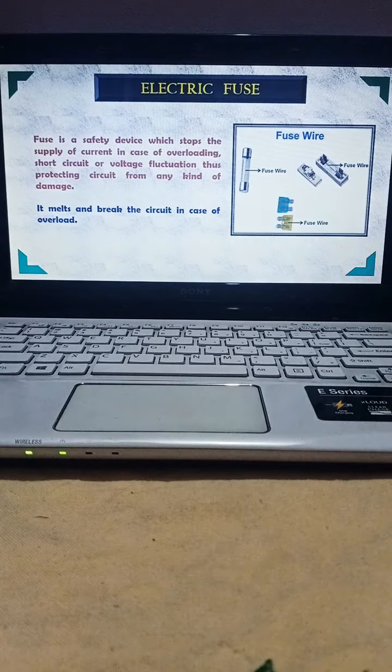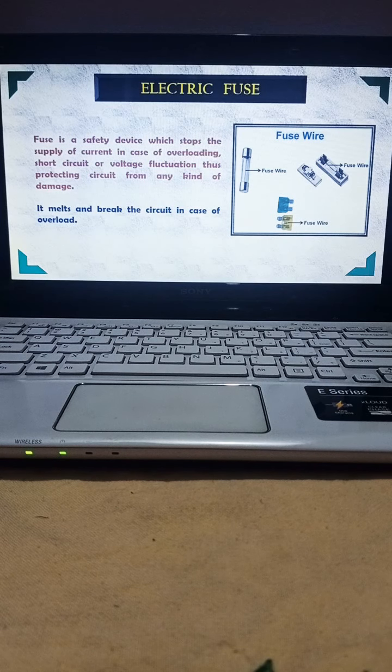Under this video, the first topic we are going to see is about electric fuse. First of all, what is a fuse? In this PPT, you can see the diagram of different kinds of fuse which we are using normally.